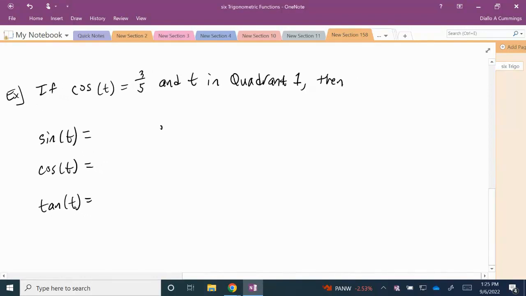The reciprocal of sine is cosecant t, the reciprocal of cosine is secant t, and the reciprocal of tangent is cotangent t.